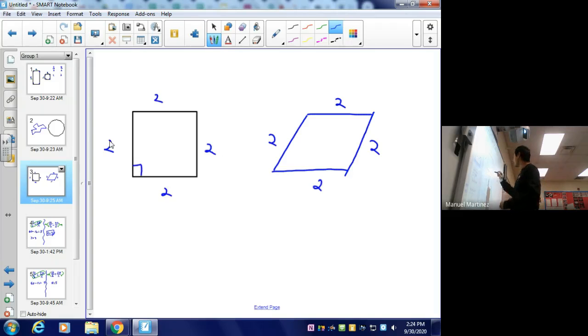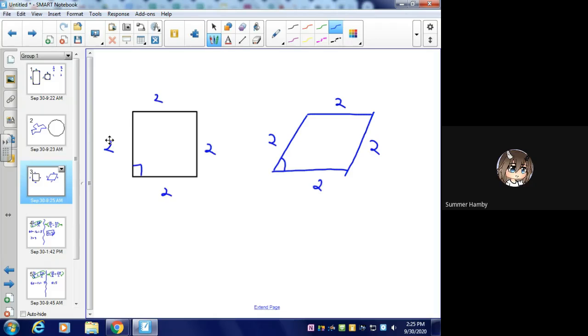Look at this angle. So we need both conditions. One, the angles need to be the same. Two, the sides need to be proportional. The sides are proportional right here, but the angles are not the same. Does it make sense now? Yes.